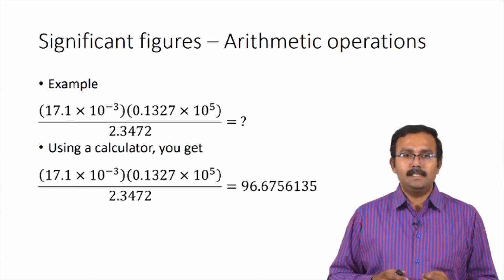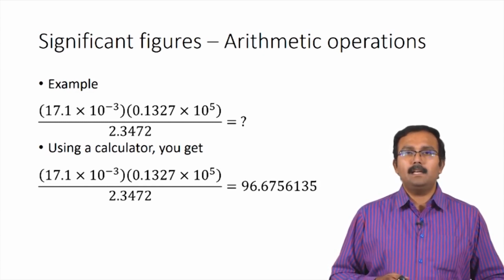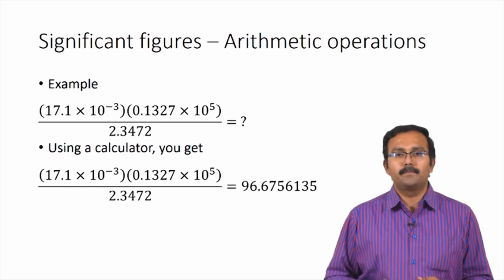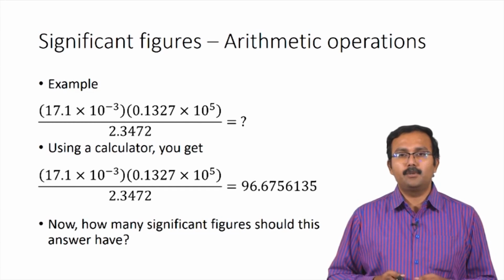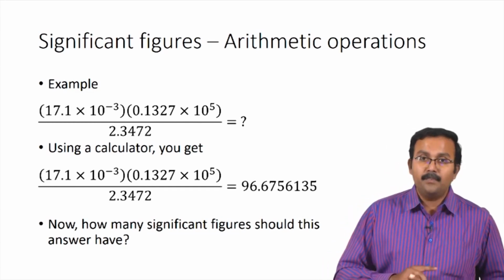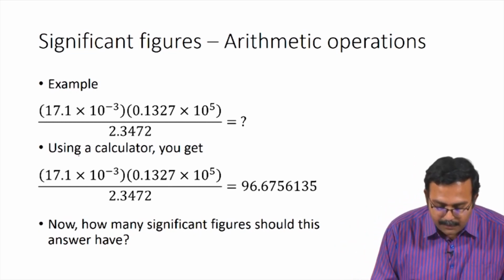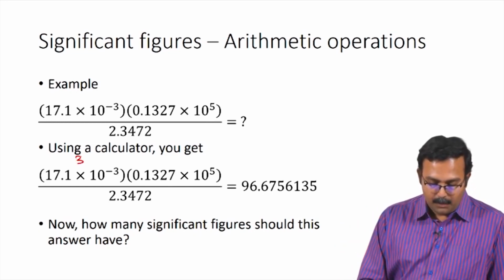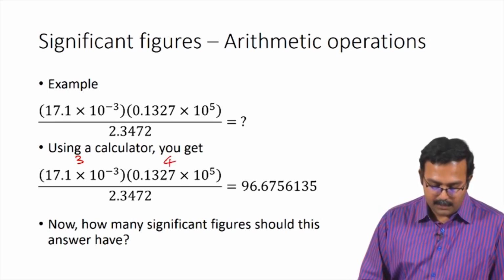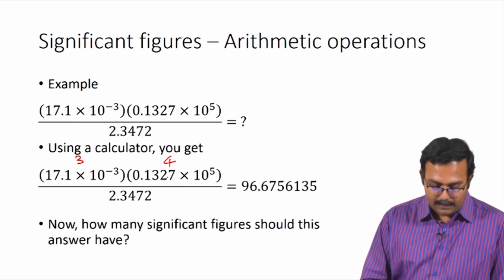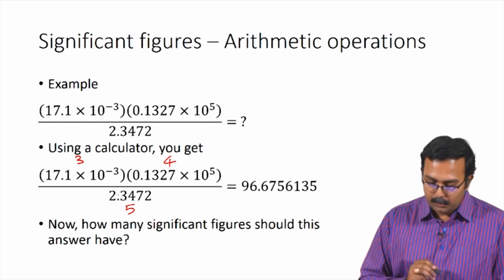So, what you do instead is, you need to identify what would be the appropriate number of significant figures which you can use. Now, can you identify how many significant figures your final answer should have? Let us see this. The first term 17.1 has 3 significant figures, and the second term 0.1327 has 4 significant figures starting from 1 to 7. The denominator has 5 significant figures, 2 to 2.